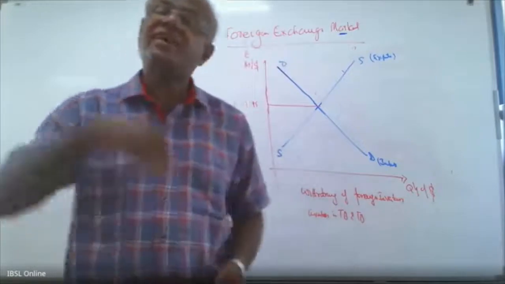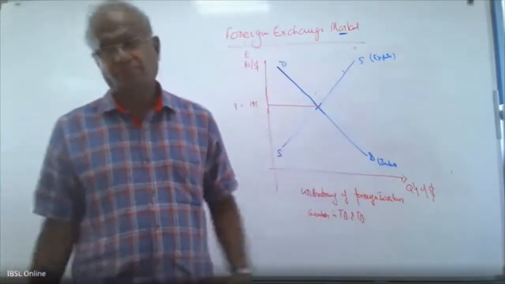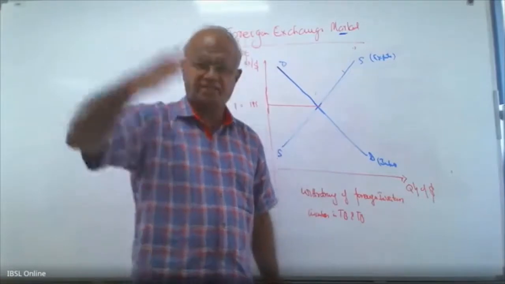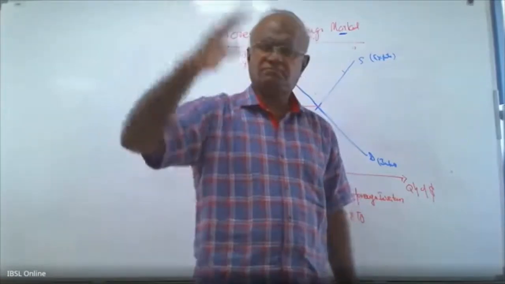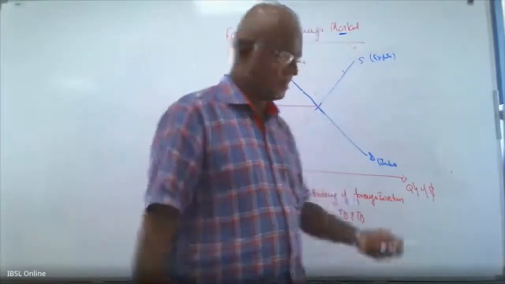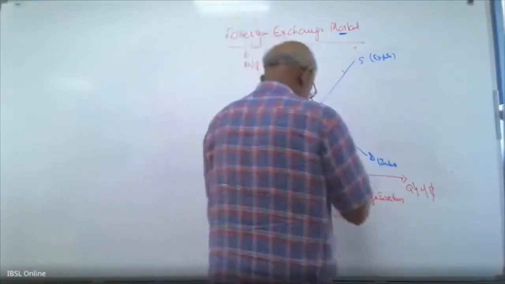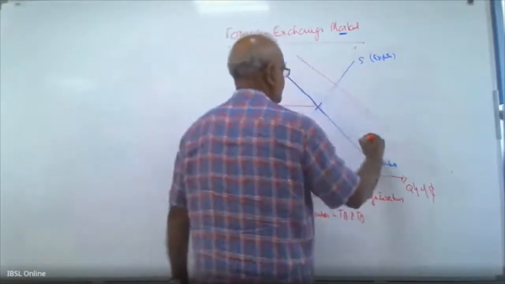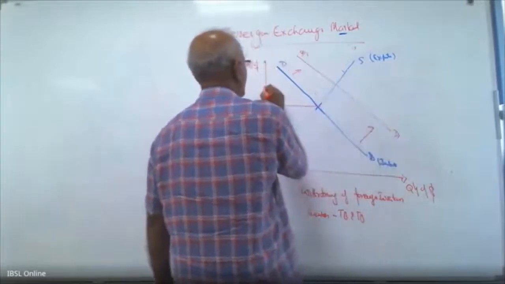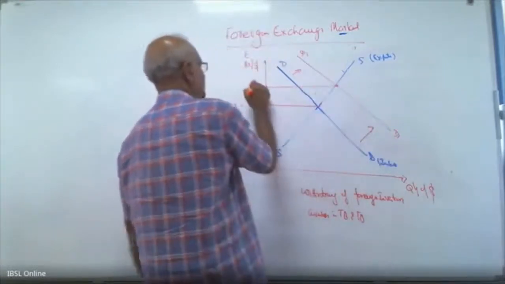Another demand side shock. What will happen? Demand for dollars. These foreigners want to withdraw. They withdraw funds. Then what will happen? Demand for dollars increases. Exchange rate depreciates further.